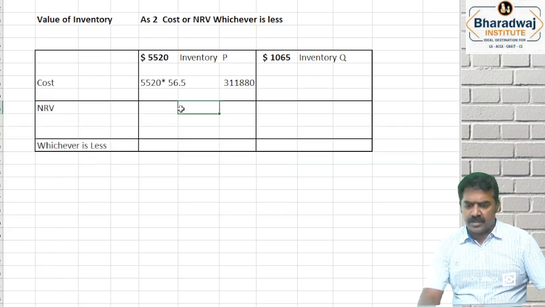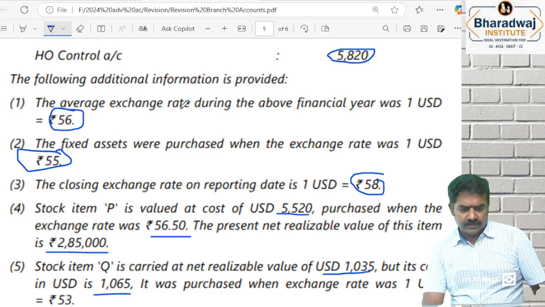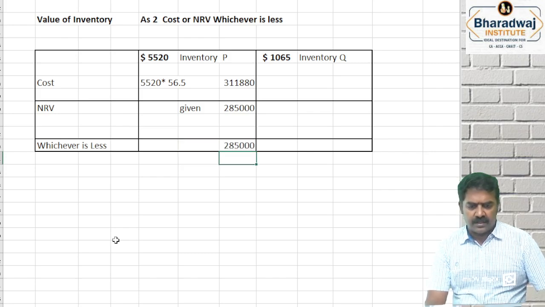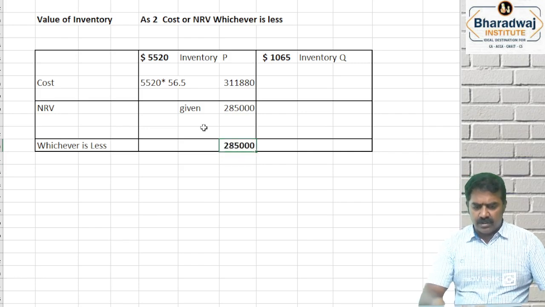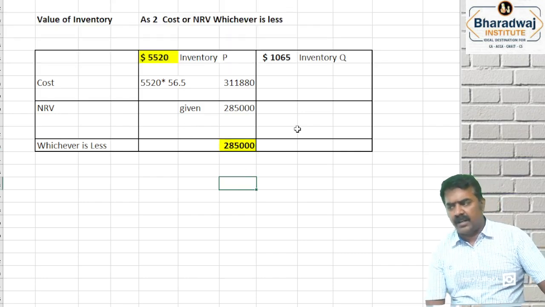NRV is given in the question as 2,85,000. Whichever is less, so this will be the value in Indian currency that you will take in the trial balance. Dollar value 5520, Indian currency value 2,85,000.